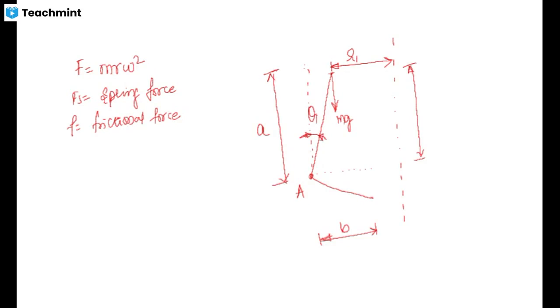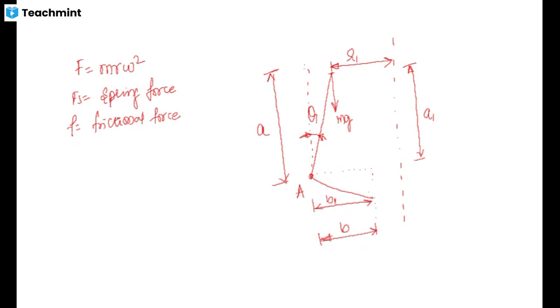Now this vertical distance in the inclined position is a1. Similarly, the horizontal distance will become b1.